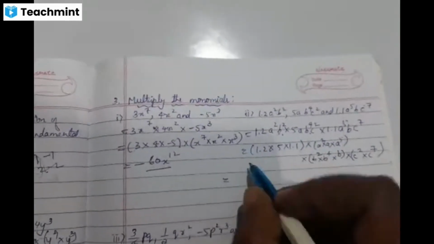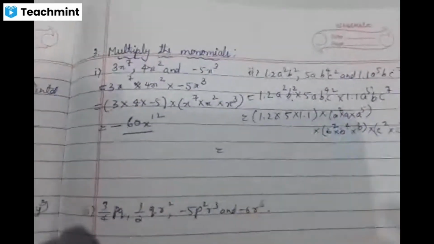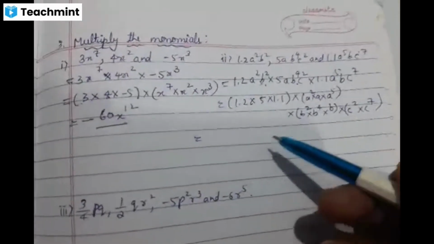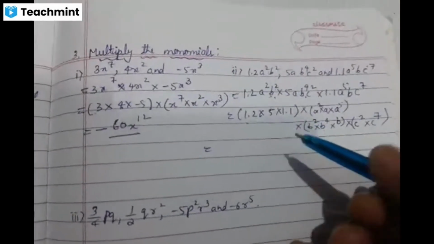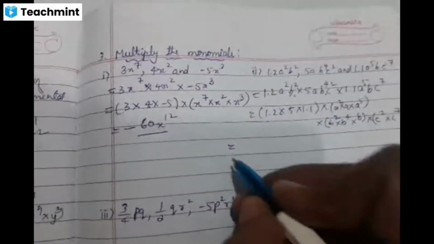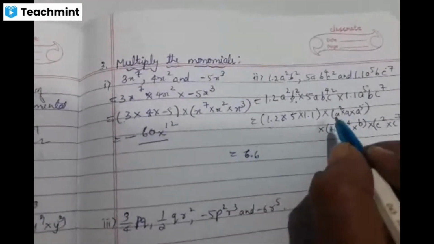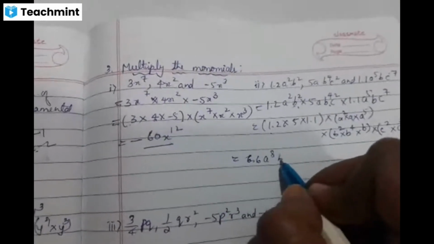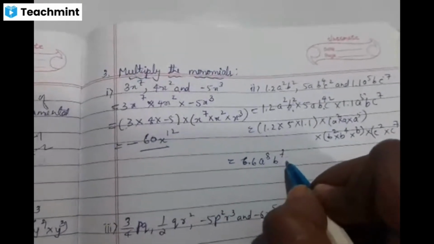So the answer, you have to multiply these, children. 1.2 into 5 into 1.1. You know the multiplication of the decimal numbers. You get 6.6 and a to the power of 8, b to the power of 7, c to the power of 9.